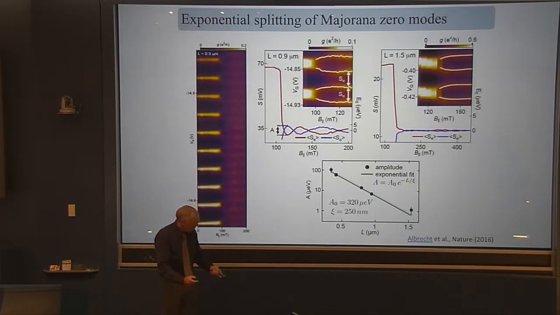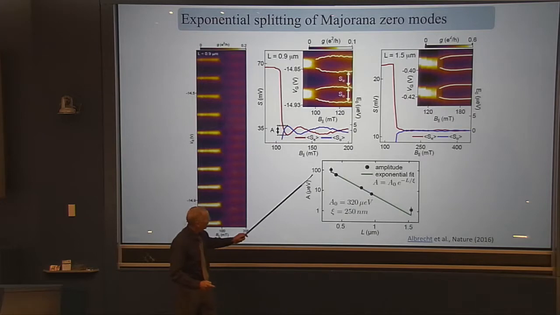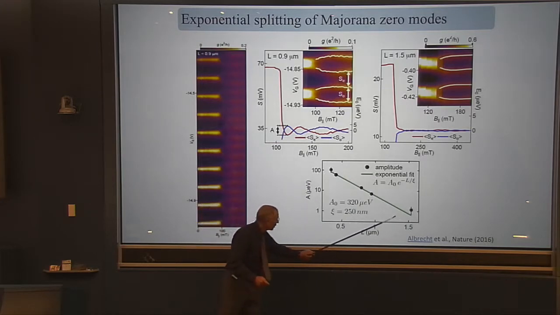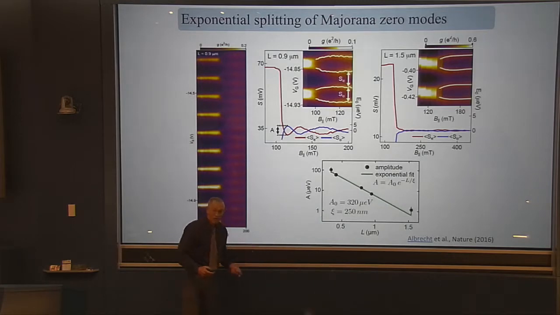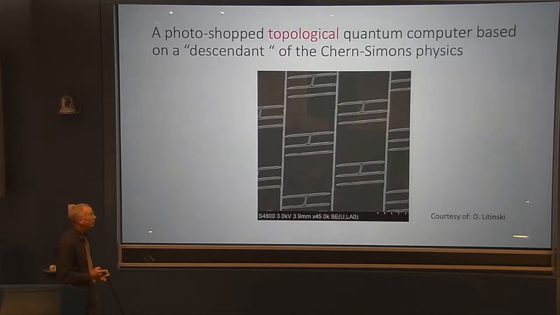But they become better and better zero modes the farther they're separated, which is physically how long the semiconductor wire is. And the fact that the wiggles go down in this exponential way allows us to extract the correlation length of the material. So from Chern-Simons theory, to a solid state model, to a material, to experimental data, has been the progress of the last 6 or 7 years.